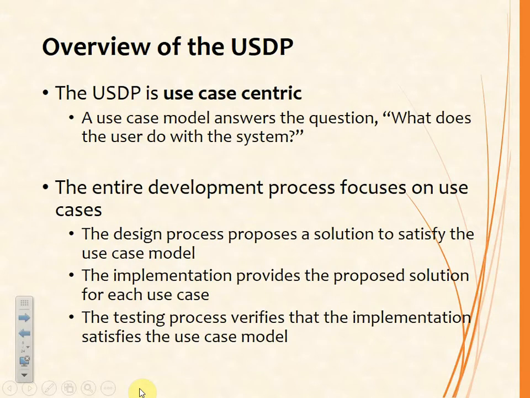Now, the USDP is a use case-centric process. So all that it does is centered on the use cases. We start off by defining those use cases, and then as we proceed with the development process, we do so by focusing on use cases. The question, what does the user do with the system, forms the basis for identifying the use cases.